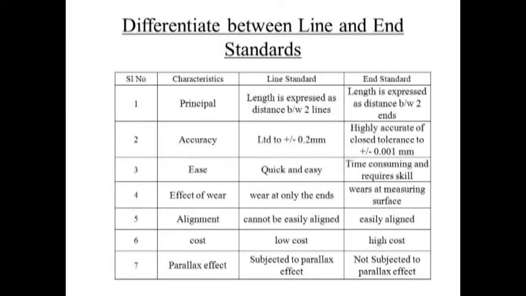Now the characteristics like principle, accuracy, time of measurement, effect of wear, alignment, manufacturing and cost, and parallax effect are the various characteristics of line standards and end standards.